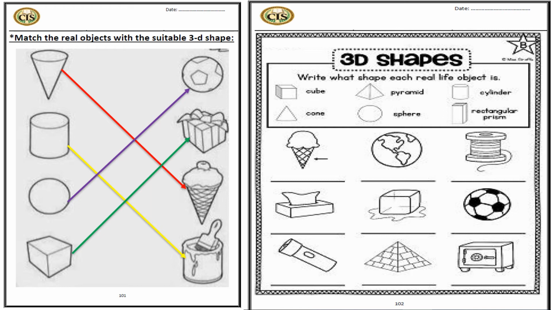Number one, it looks like cone. Second photo, it looks like sphere. Third photo, it looks like what? Cylinder. And the fifth photo, it looks like cuboid.